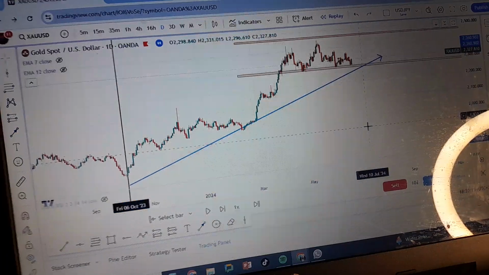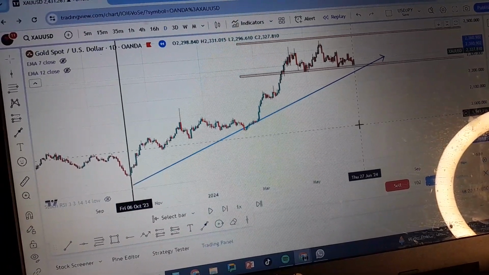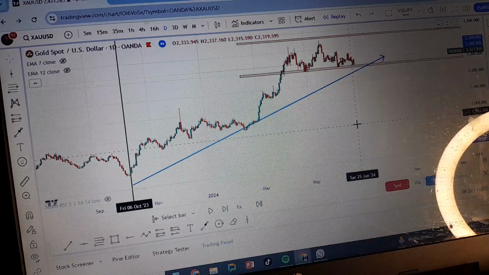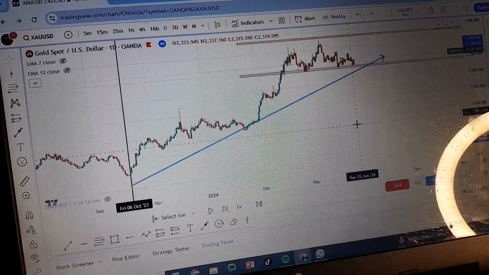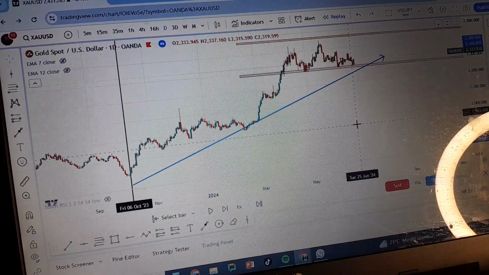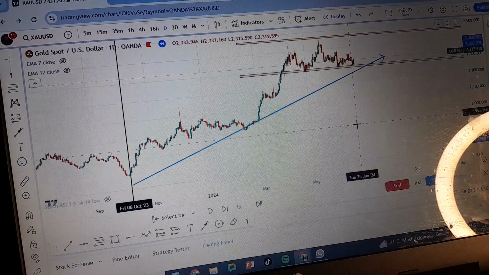So this is actually a clear outline to show you that the structure of this pair is in uptrend. So once you understand that the trend is actually in an uptrend, you focus on looking at the buy position. That is, if you want to hold your trades as an investor. Okay.